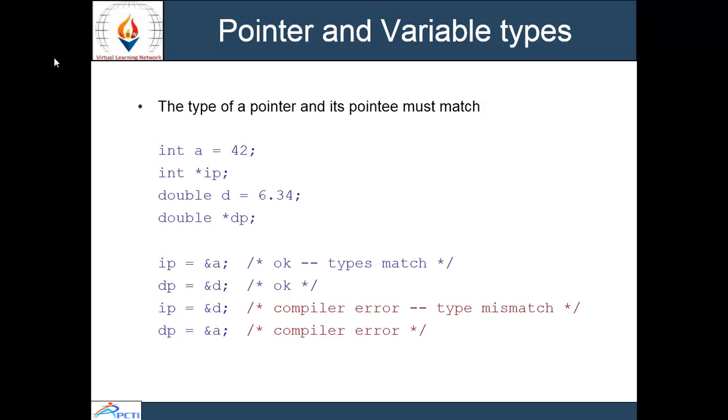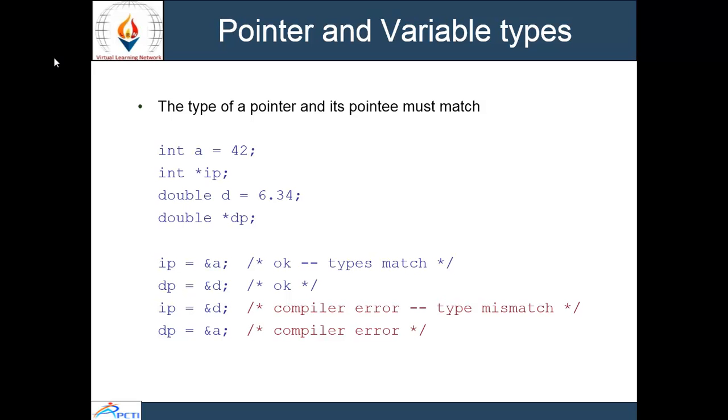Pointers and variable types. While assigning a pointer variable, we need to take caution that the variable we are going to point to must be of the same data type.